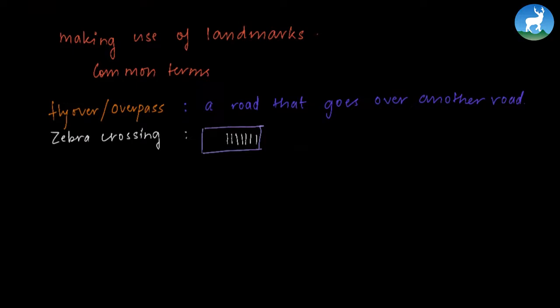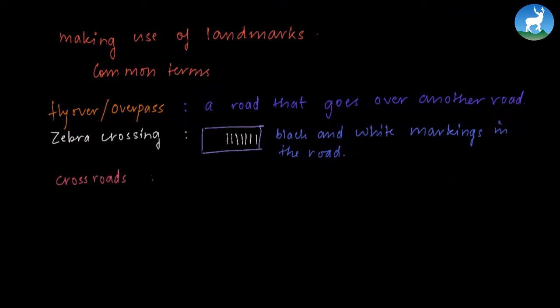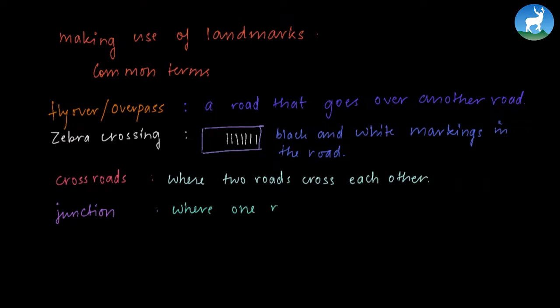So it's the black and white markings in the road. So we have another term, crossroads. So crossroads is where two roads cross each other. We have junction, which means where one road meets another.